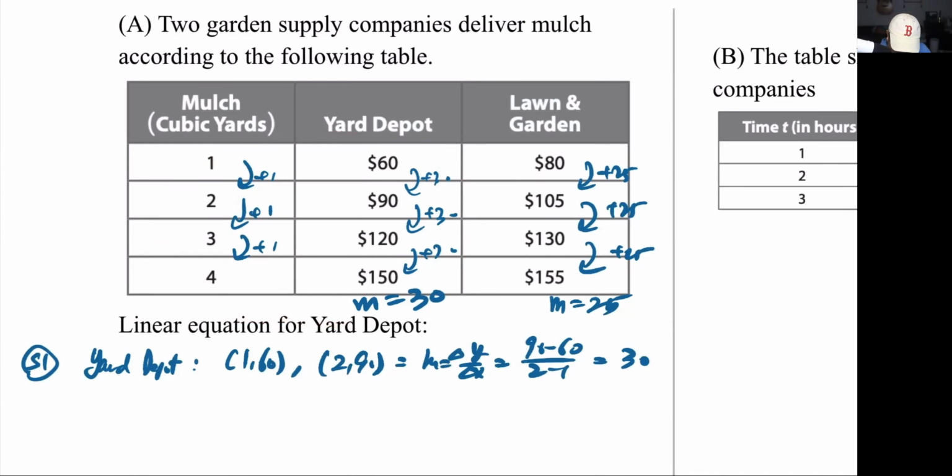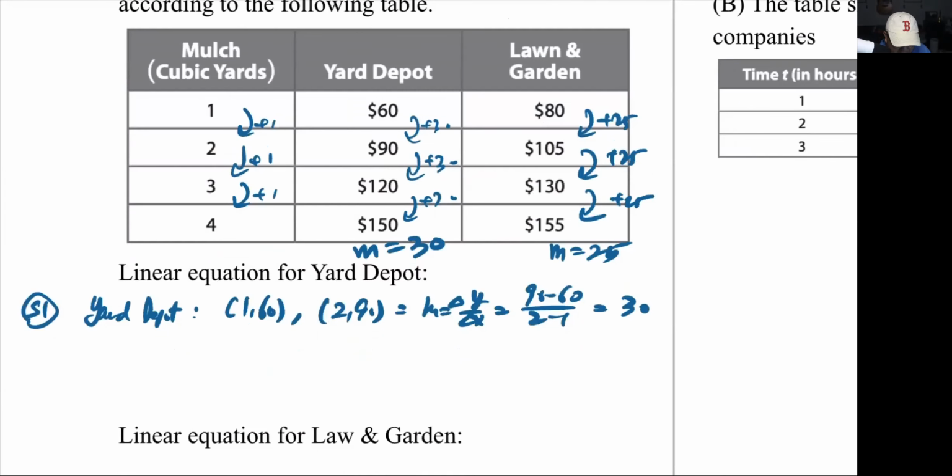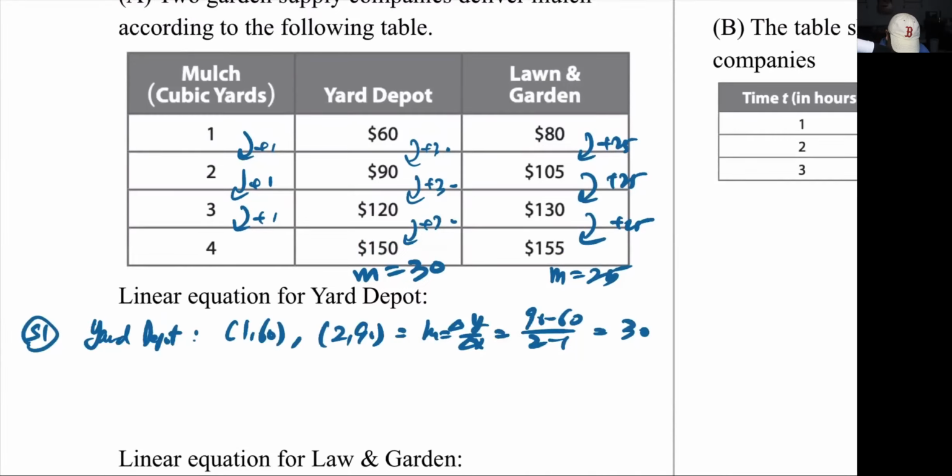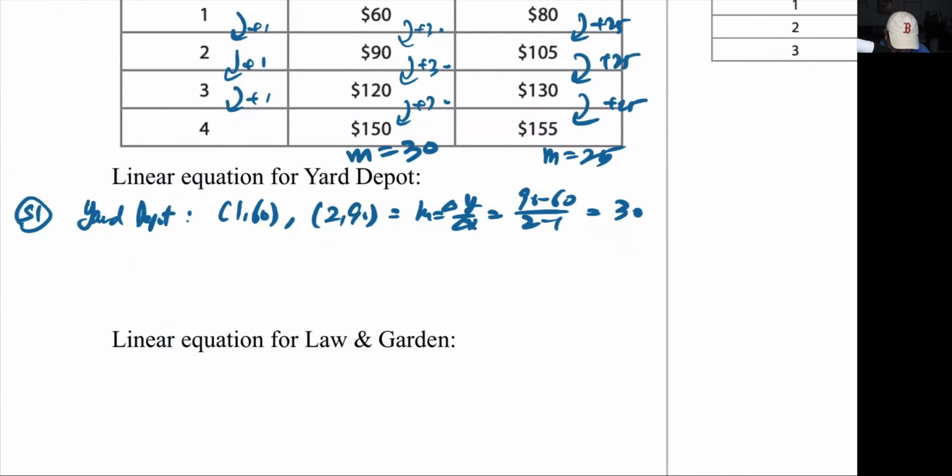The second thing is that we have a slope and we have a point. Do you know what to do now, guys? That's right. We could use the point-slope formula, which is y minus y1 equal to m times x minus x1. Let's use this point right here. When we do that, that's y minus 60 is equal to 30 times x minus 1.